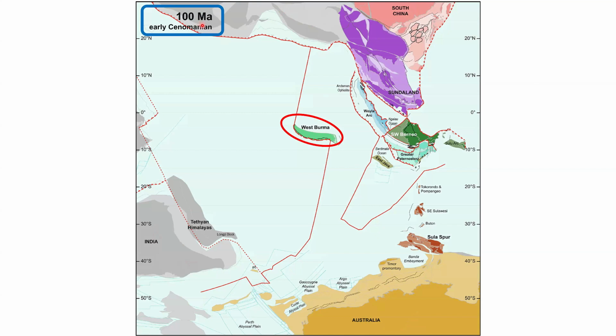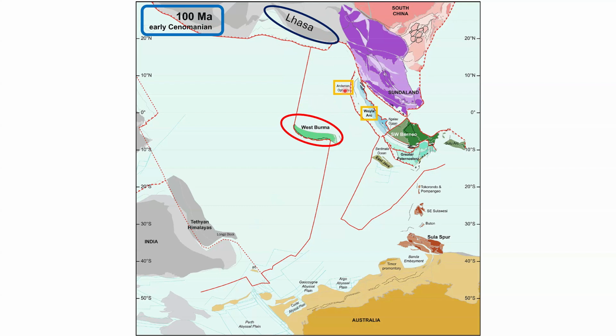So by this time, 100 million years ago, during the Cretaceous, the Lhasa terrain is sitting up here, already collided with the Asian mainland. Myanmar sitting down here in the middle of this huge ocean with a subduction zone on one side, transforms on either side, many different zones where there's subduction.